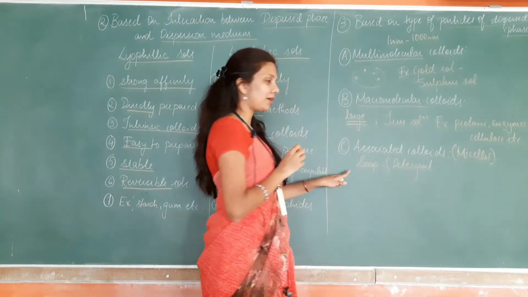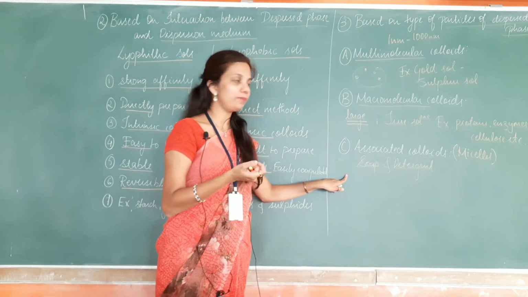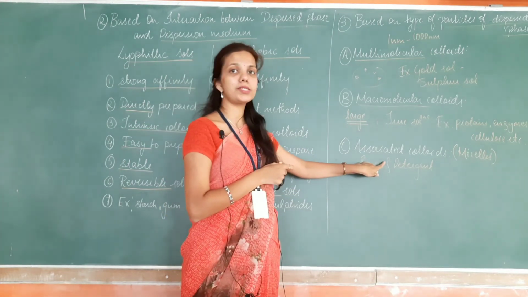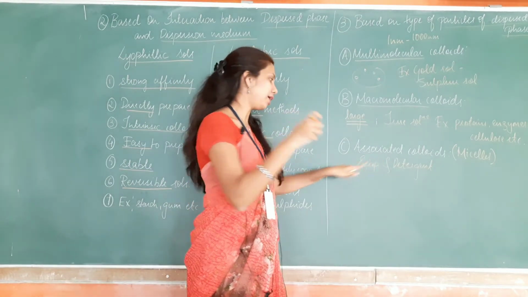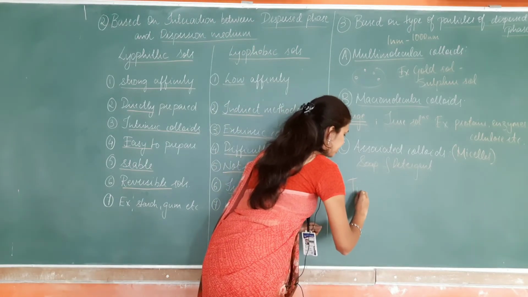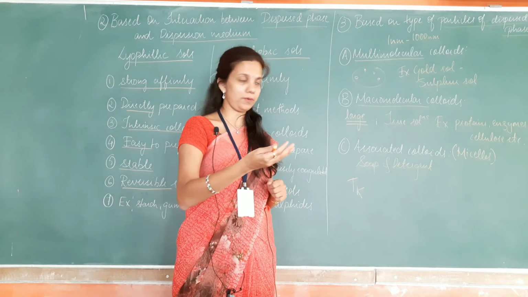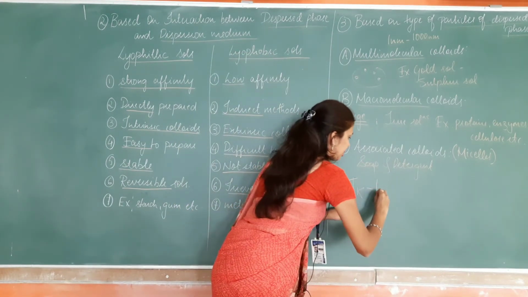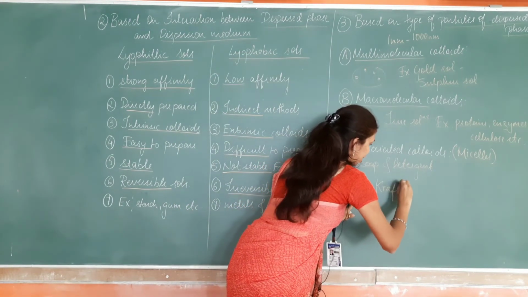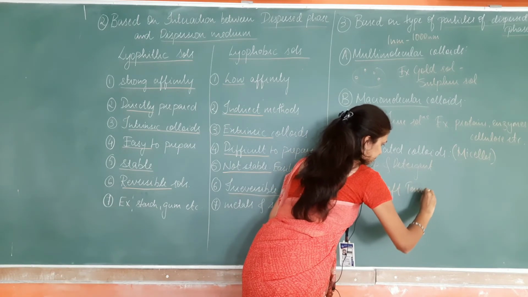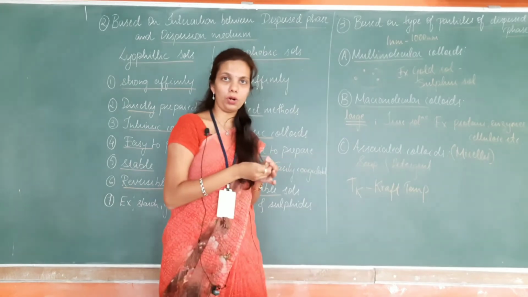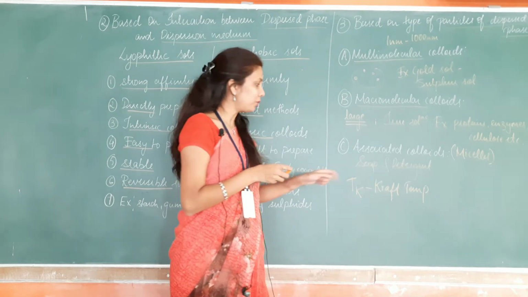Now there are certain conditions that we require for the formation of these associated colloids. One condition is that it happens at a particular temperature or above it, and that temperature is called the Kraft temperature.